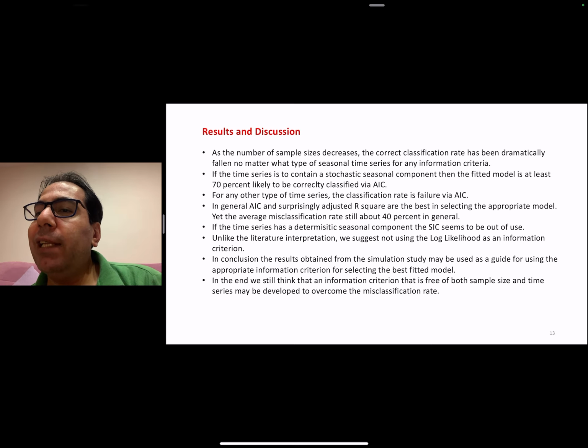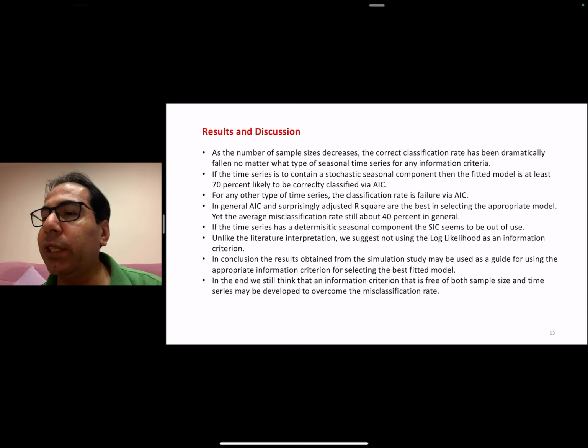If the time series has a deterministic seasonal component, the Schwarz information criterion seems to be of no use. Unlike the literature suggests, we recommend not using the log likelihood as an information criterion. In conclusion, the results obtained from the simulation study may be used as a guide for choosing the appropriate information criterion for selecting the best fitted model. In the end, we still think that an information criterion that is free of both sample size and time series type may be developed to overcome the misclassification rate.